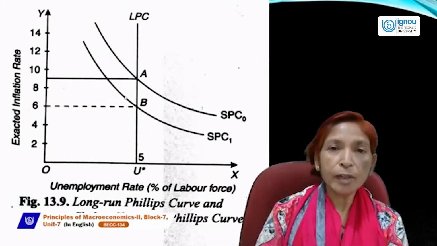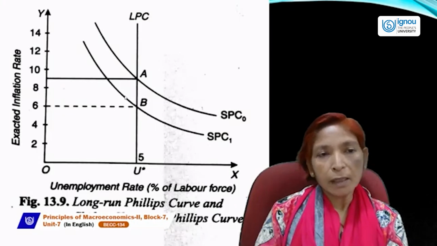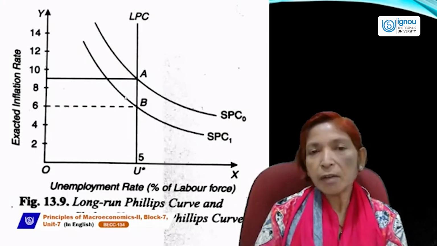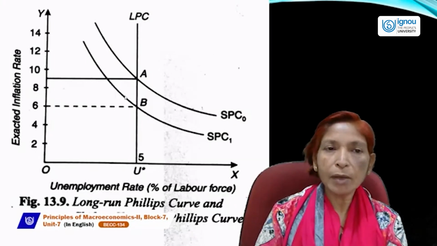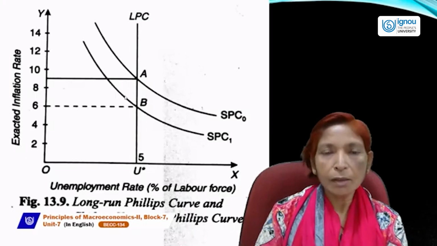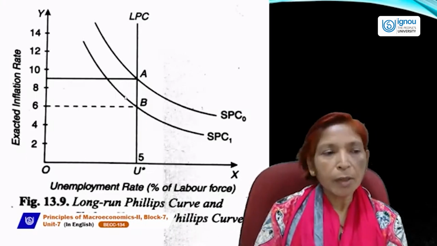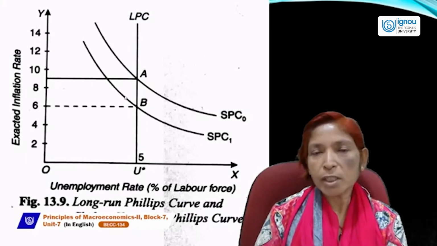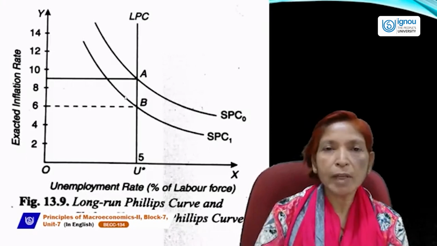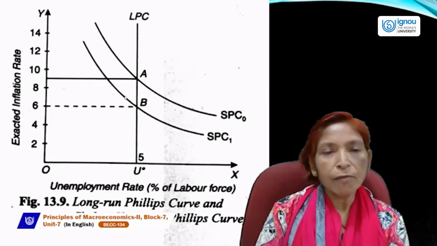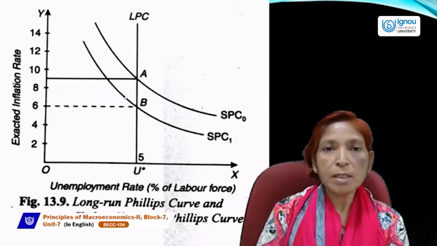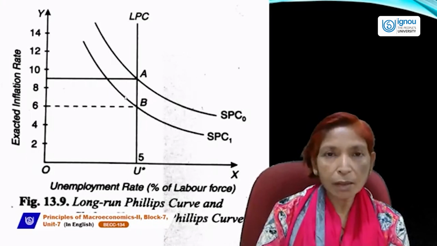Because according to Phillips, the inverse relationship between inflation and unemployment only occurs in the short run, not in the long run. Because in the long run we have too much time, so many opportunities, so many options, we can achieve full employment also, according to classical economics.